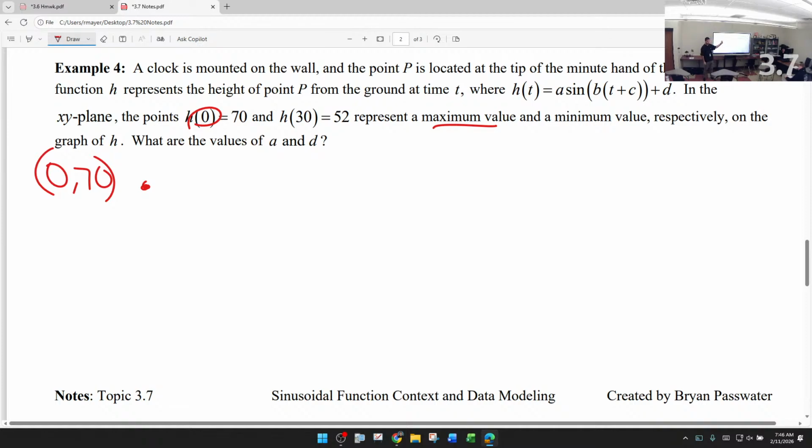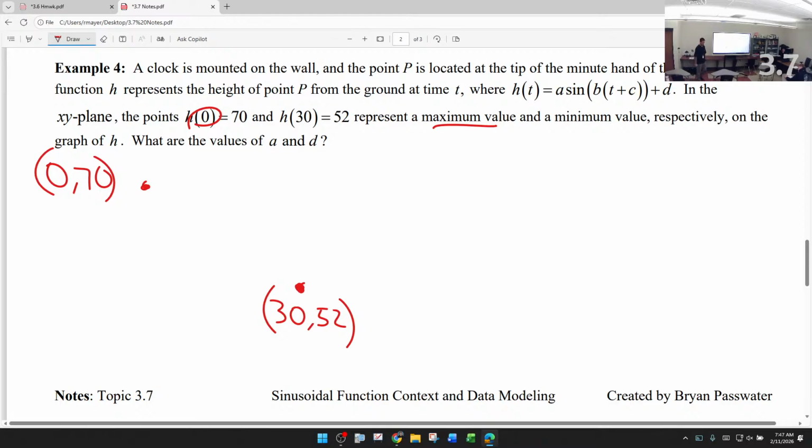Because this one's 70 and that one's 52, and it's hard for the 52 to be the max and 70 to be the min. And the min is at 30, 52.